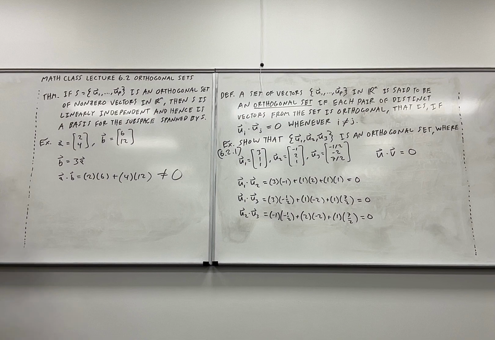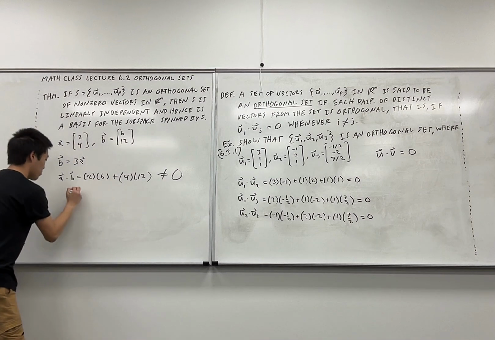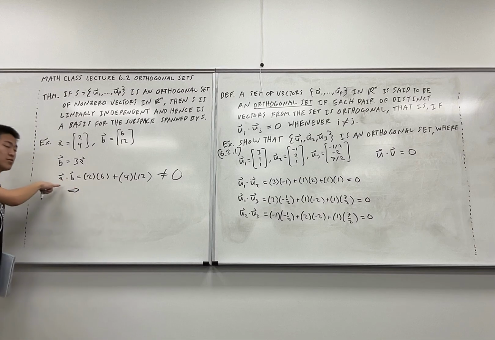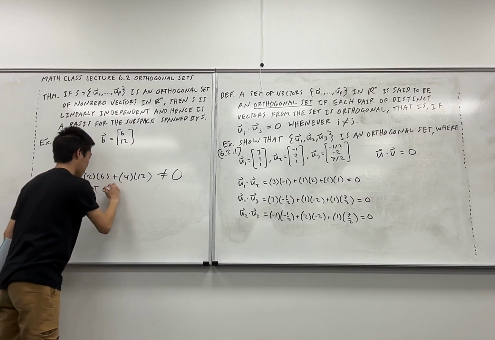Okay, so if the dot product is not 0, therefore it's not orthogonal. So if the dot product is 0, then what we first conclude is that, is this orthogonal or not? Orthogonal if it is equal to 0. If it's not equal to 0, they are not orthogonal.